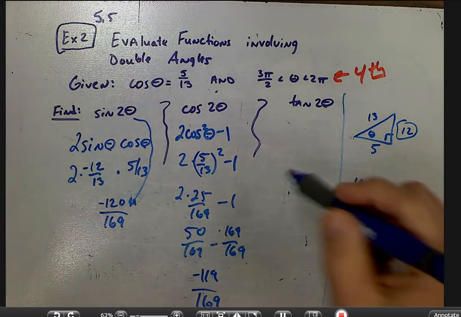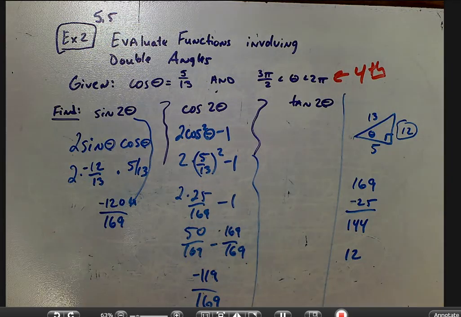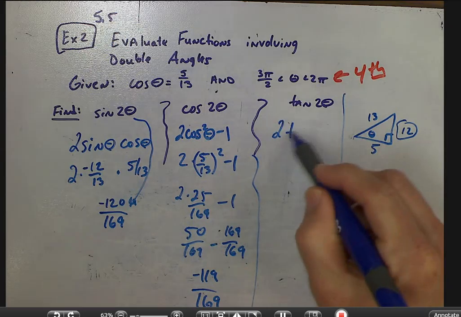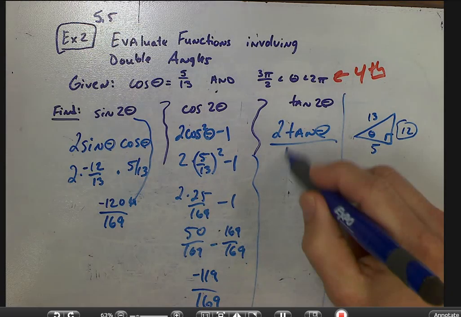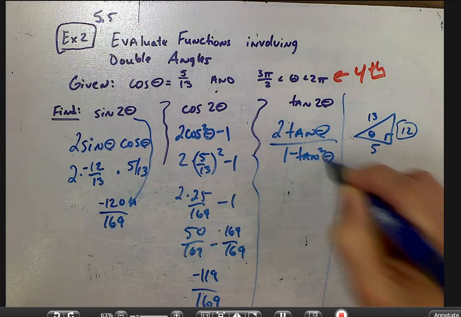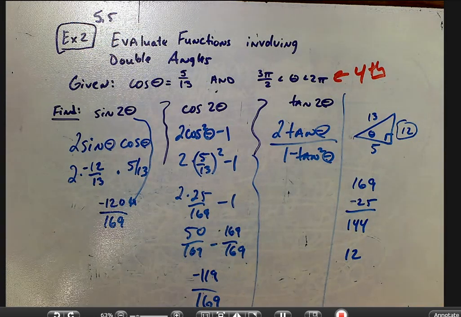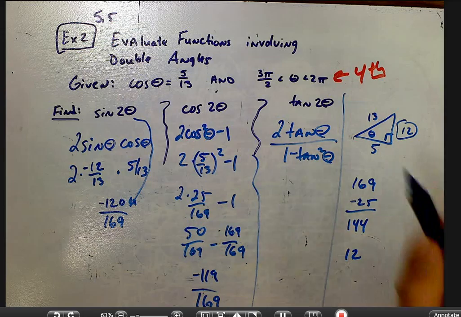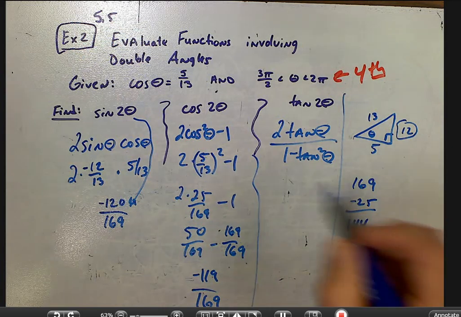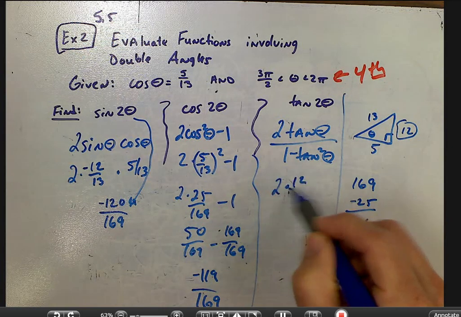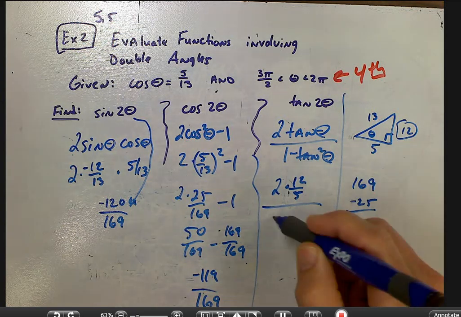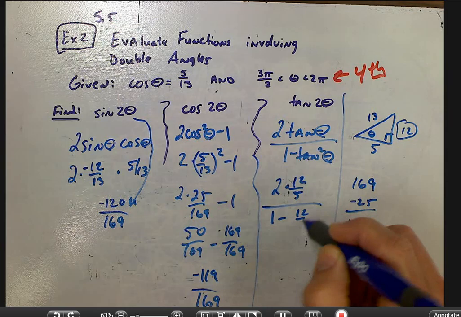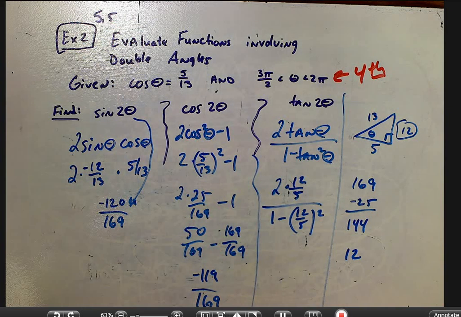Tangent of 2 theta, the formula, from the formula reference sheet, is 2 times the tangent of theta divided by 1 minus the tangent squared of theta. First step is to figure out what the tangent is. Well, tangent is going to be opposite 12 over adjacent 5. So 2 times 12/5, because the tangent of theta is 12/5, over 1 minus 12/5 quantity squared.